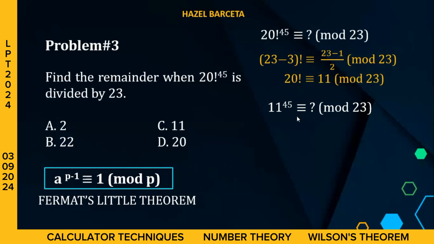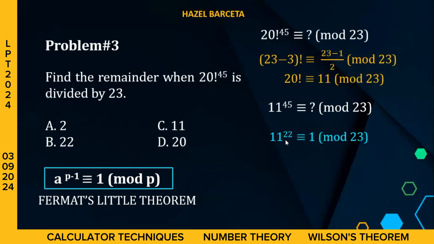A is 11, P is 23 minus 1, so 11 raised to 22 is congruent to 1 mod 23. Ito na po. Then, our task is to simplify 45 kasi hindi po siya kaya ng ating calculator.